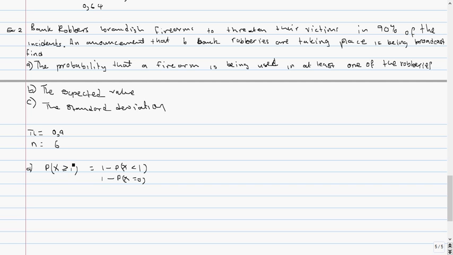We could have calculated this as P(x equal to 1), because 1 is included, plus P(x equal to 2), plus P(x equal to 3), plus P(x equal to 4), plus P(x equal to 5), plus P(x equal to 6).